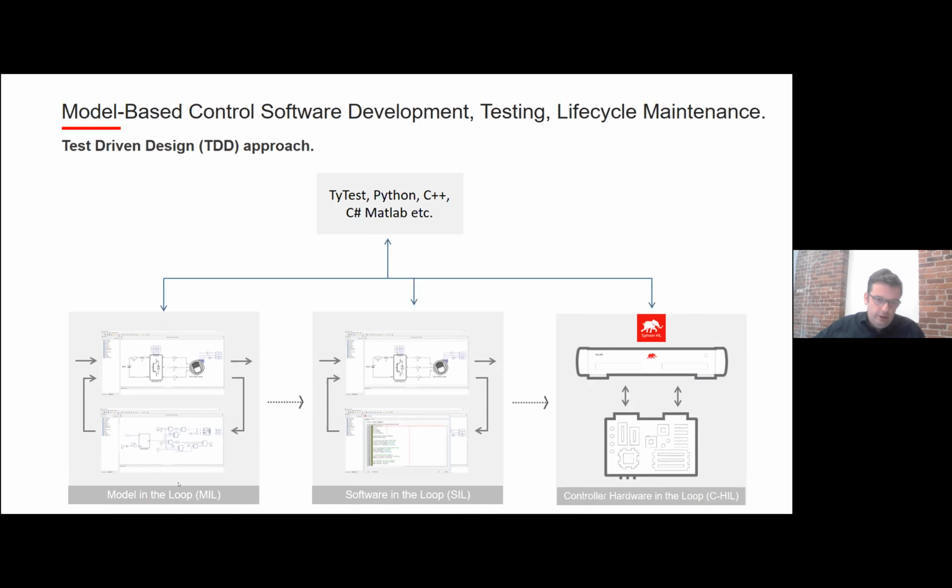So you usually start with model in the loop, and after that you go to software in the loop, and then in the final phase you're doing extensive controller hardware in the loop testing, where your actual controller is connected to a real-time simulation, basically a flight simulator type of situation, where the controller is the exact same one that goes into the final product, and you're simulating the physical part of the system.